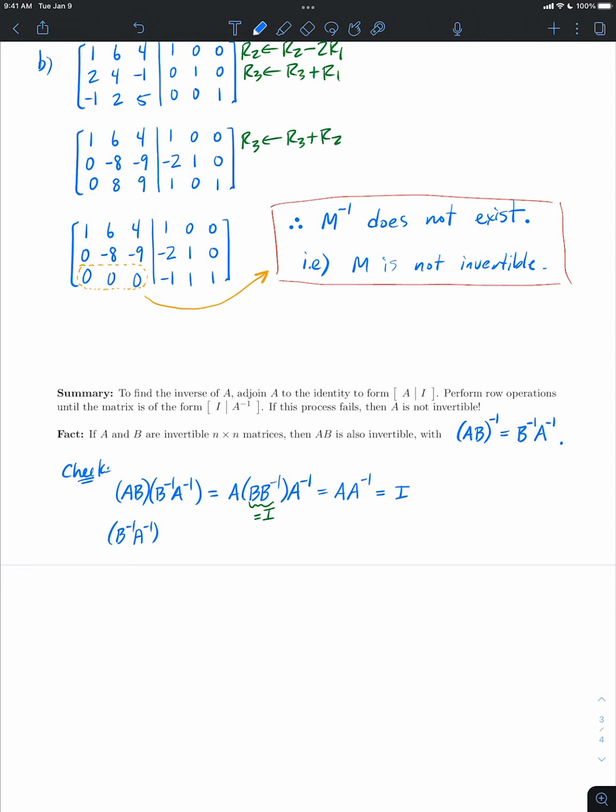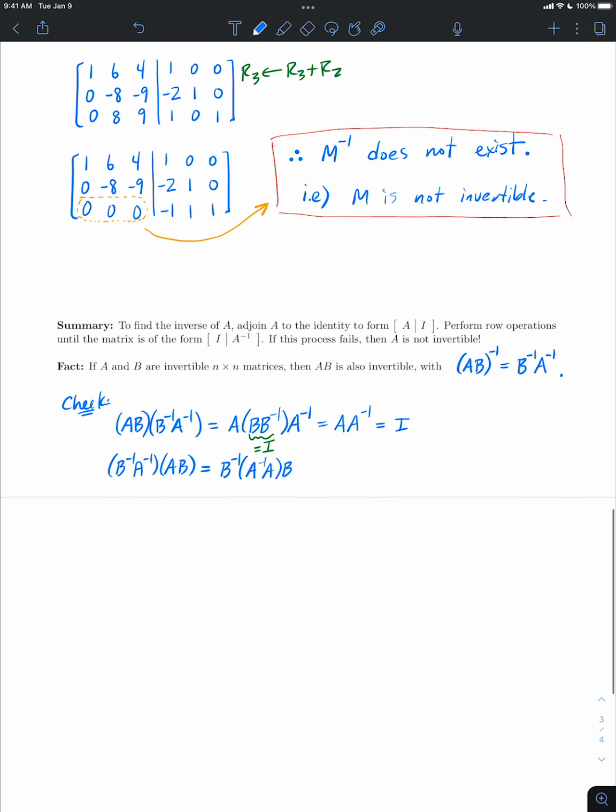So B inverse A inverse times AB, what do you end up getting? Well, do the same thing, right? Change the order in which the multiplication happens in the sense of shuffling the brackets only, right? Notice I'm not changing the order of any of the factors. Remember that. You can't move the factors around, but you can shuffle the brackets around.